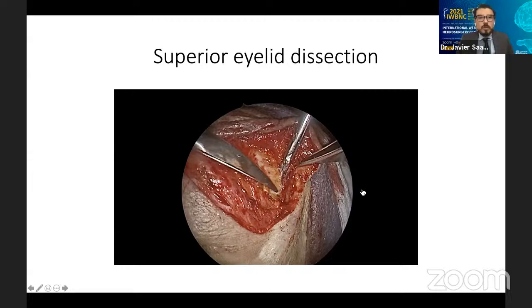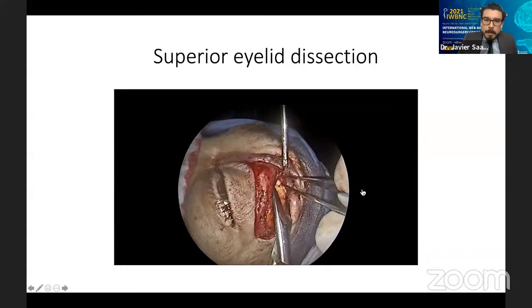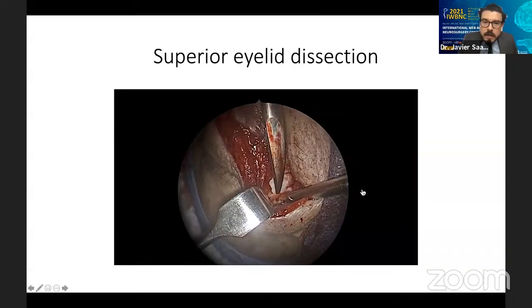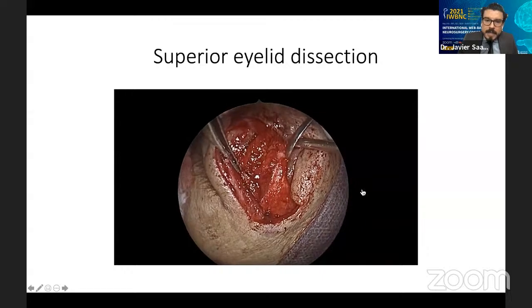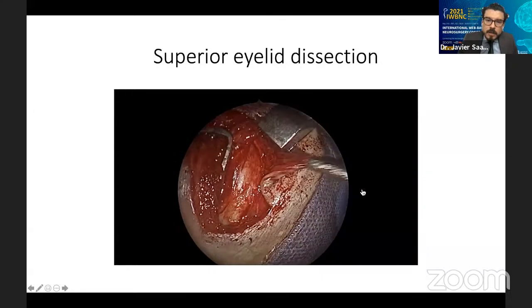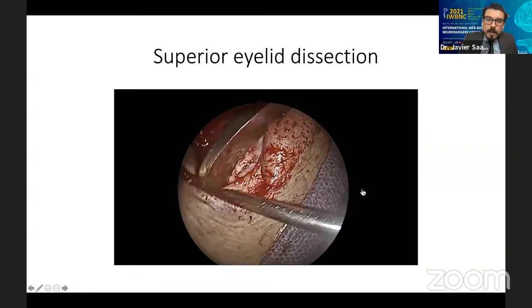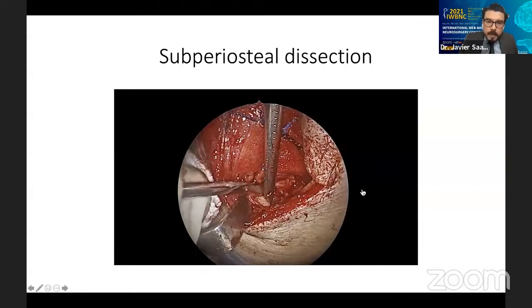So we start with the superior eyelid dissection. This is the periorbicular muscle, just above the canthus, the tarsus. You get access to the orbital rim, and you dissect the periosteum. Then you have exposed the orbital rim superiorly, laterally, and inferiorly, if that's what you need.